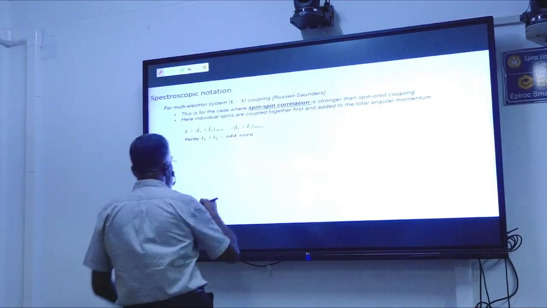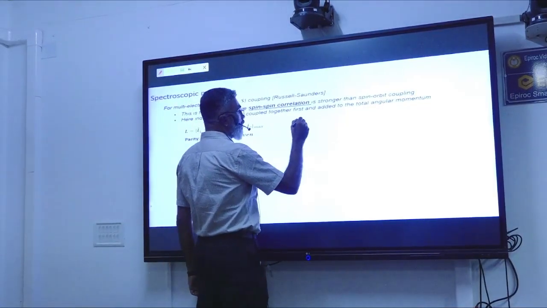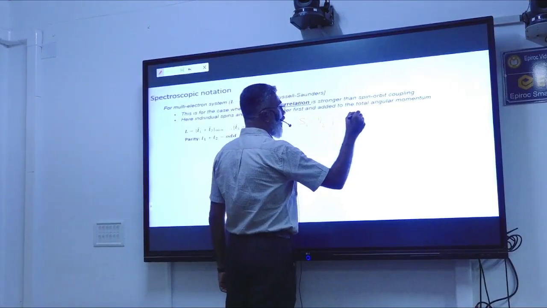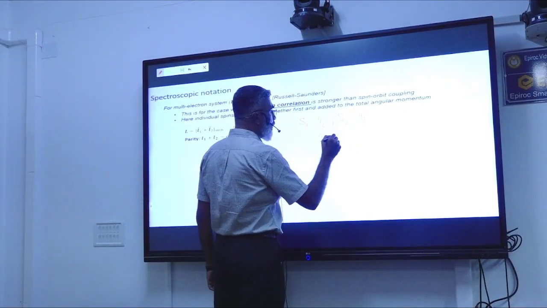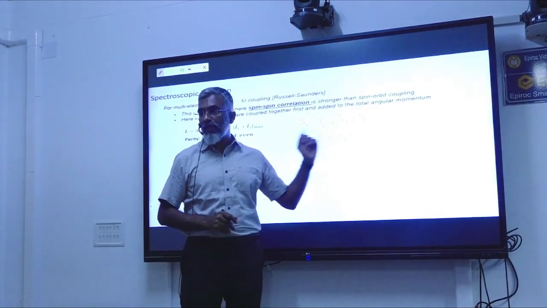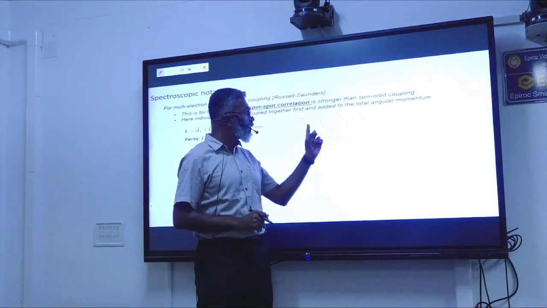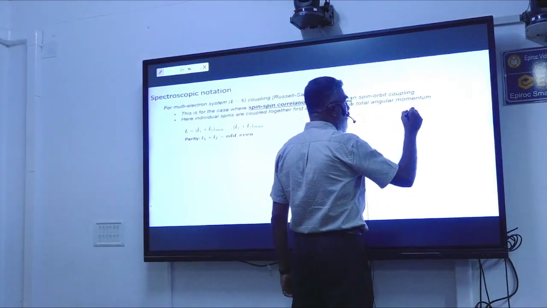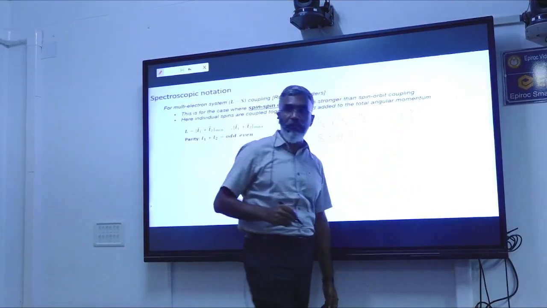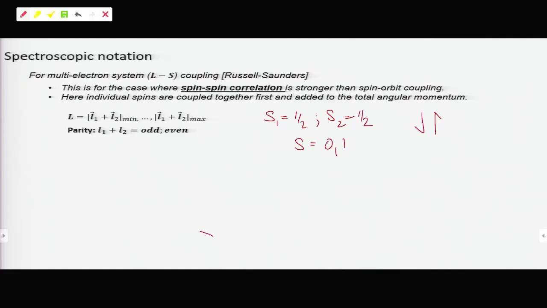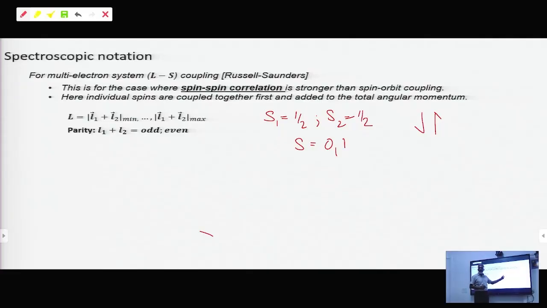For a pure electron system, s1 equals half, s2 equals half, so S can be 0 or 1, which means it can be a singlet or a triplet. If they are anti-parallel, with opposite spins, it's a singlet.